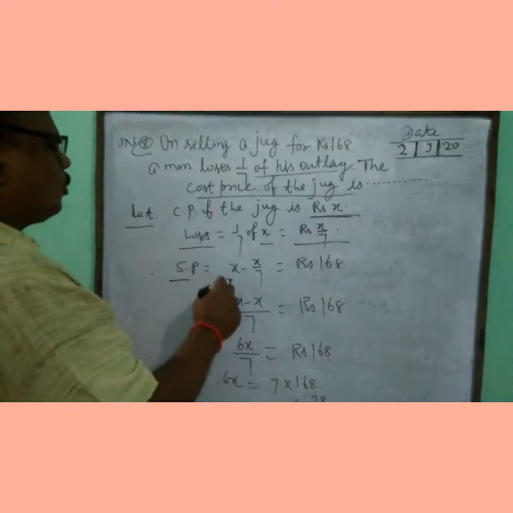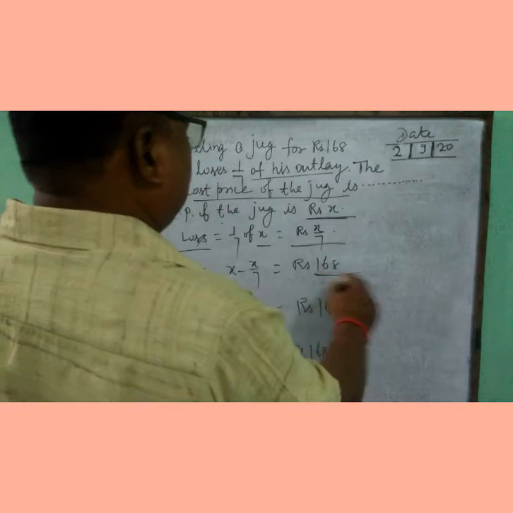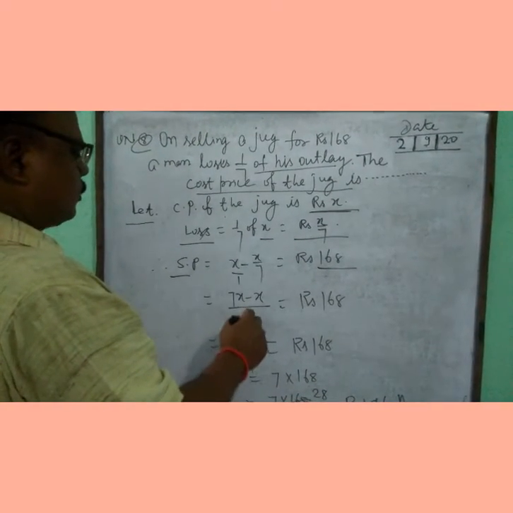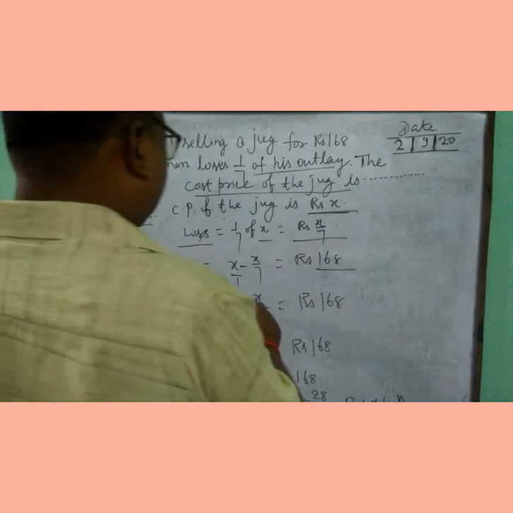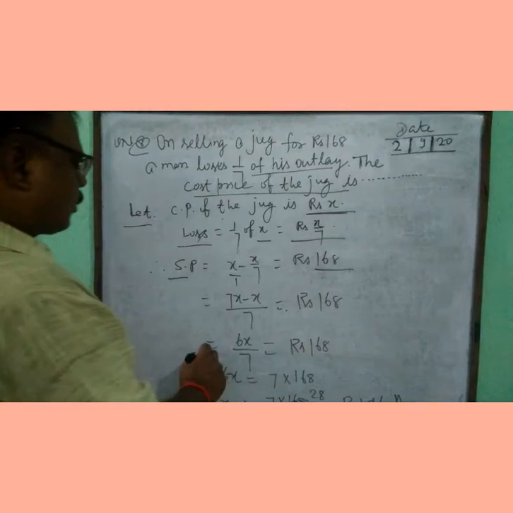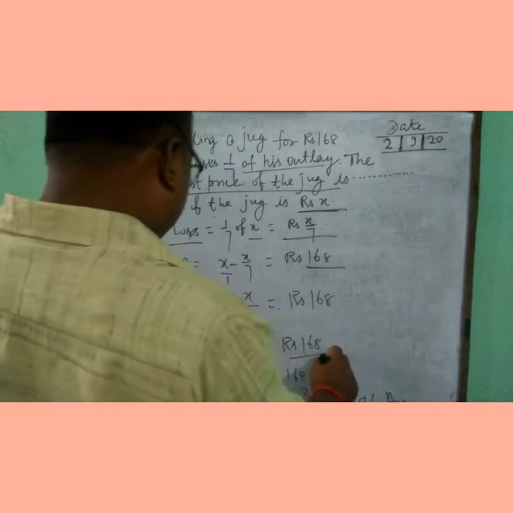Therefore SP is equal to x minus x by 7 is equal to Rs 168. LCM is 7, so 7x minus x by 7 is equal to Rs 168, is equal to 6x by 7 is equal to Rs 168.